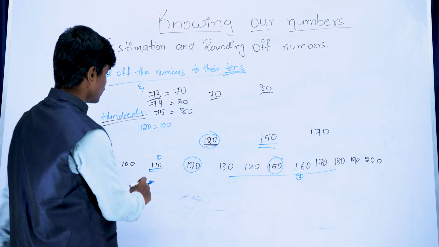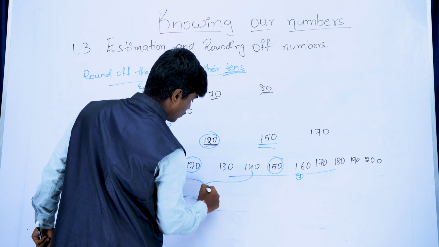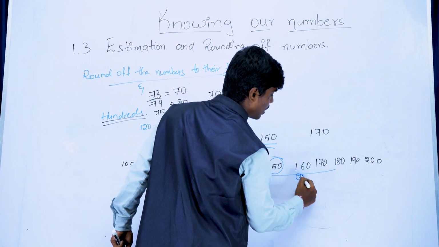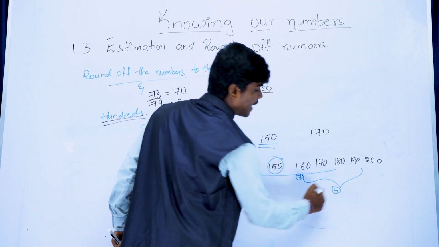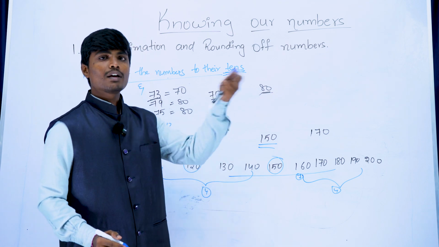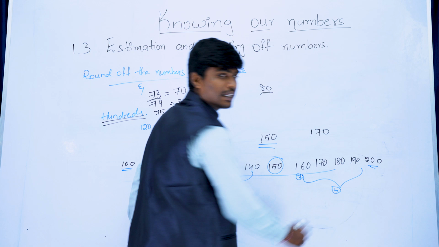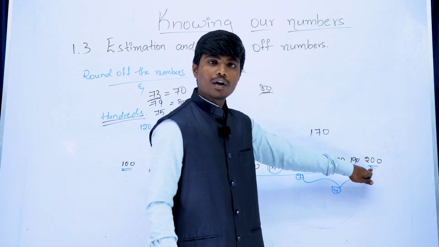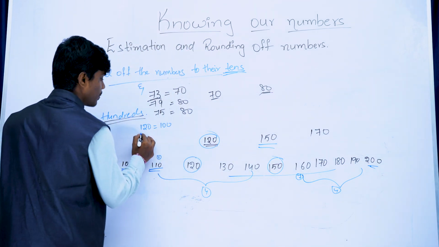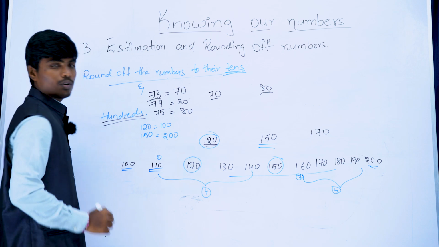Now coming to 150. Here the distance is 1, 2, 3, 4, and here also we have 4. As I told you, if the distance is the same, you should round it to the greatest value. Between 100 and 200, the greatest value is 200. So 150 is rounded to 200.